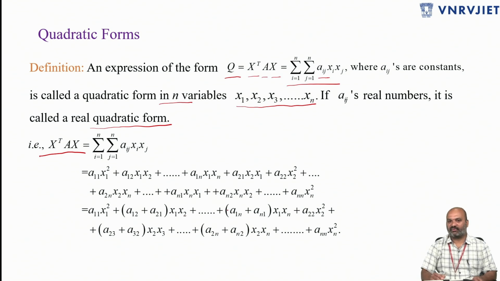In the same way, we get a1n x1 xn and an1 xn x1, both are the same, so take common a1n plus an1 into x1 xn. These are all product terms. Similarly, the square terms: a22 x2 square, and a23 plus a32 into x2 x3 and so on, up to ann xn square.